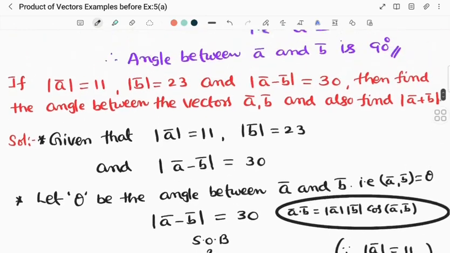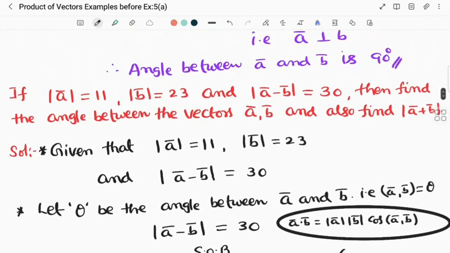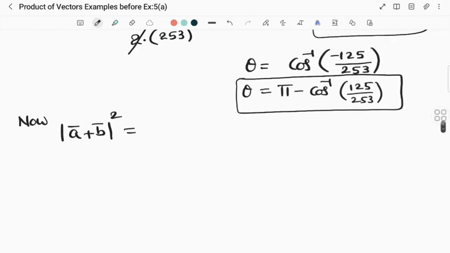Here the information mod a bar minus b bar is already provided. So the expansion is mod a bar square plus 2 into a bar dot b bar plus mod b bar square. This is the formula.